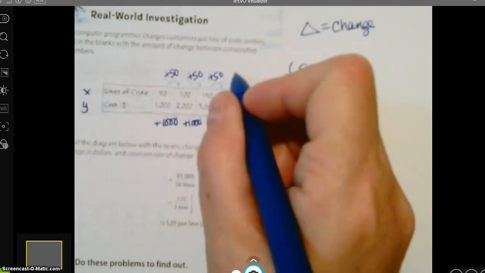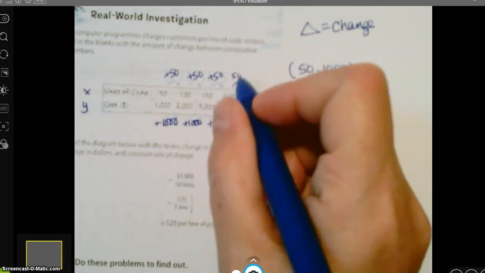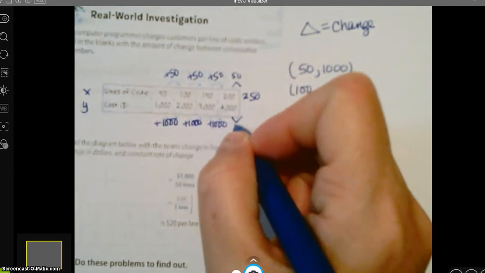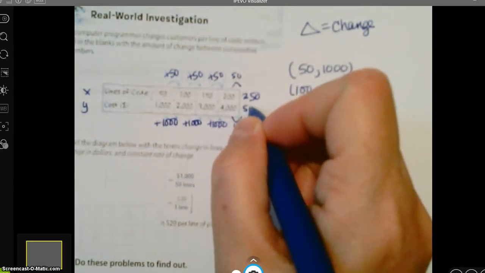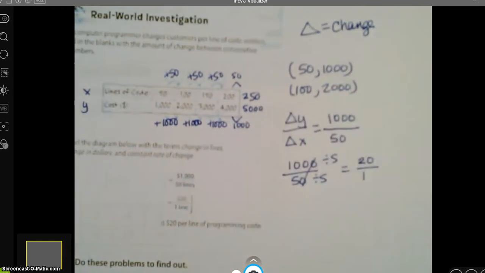I would just add another 50. And if I add another 50, I would add another 1,000, so that would be 5,000. So that can actually help me. Okay? So I know this seems like a lot of information, but we're going to go over it and over it and over it so much that you're going to learn it.